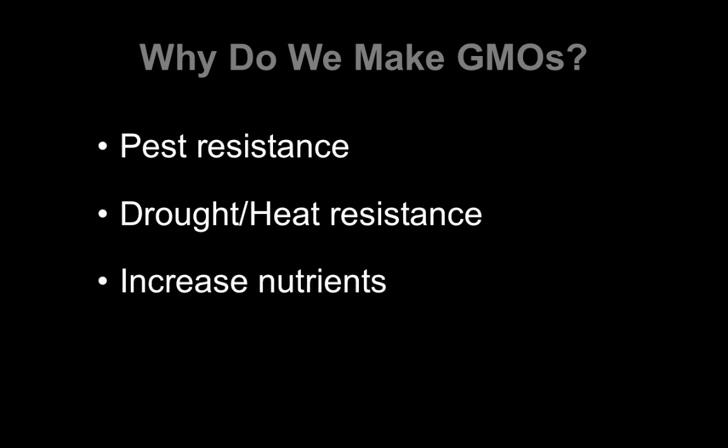We can put genes in there that will help increase the nutrients, so we can potentially fight malnutrition in third world countries or even here in the United States. And finally, at the end of the day, we need to be able to grow more crops. As human population increases, the need for food increases, and somehow we've got to be able to make more food.